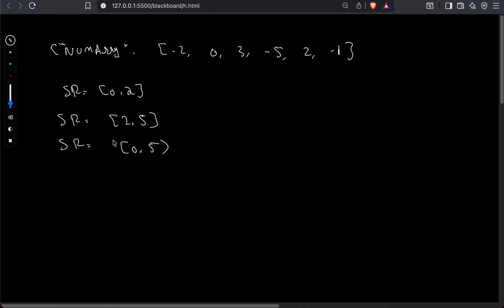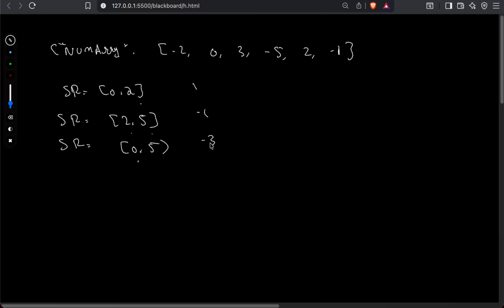So what does this mean? This is just a list of commands. Command 1 creates the array, and then sum range finds the sum 0 to 2, sum 2 to 5, and sum 0 to 5. That's it. So what's the output of all this? From this: null, 1, negative 1, negative 3.